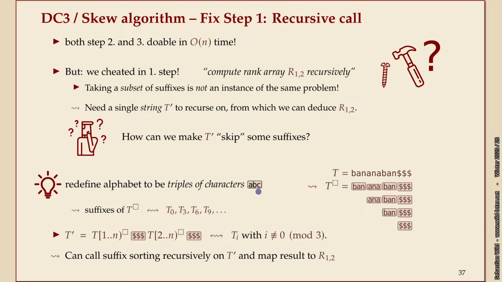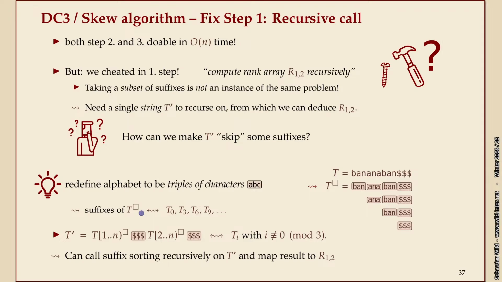And in this case, because you're essentially doing everything modulo 3, you have to consider triples of characters. So instead of this input string, t box, the tripled string, is just taking these first three and pretending that's one character, it's one item. And then, of course, the suffixes of t box are precisely, ignoring the box boundaries, the suffixes that start at multiples of 3.